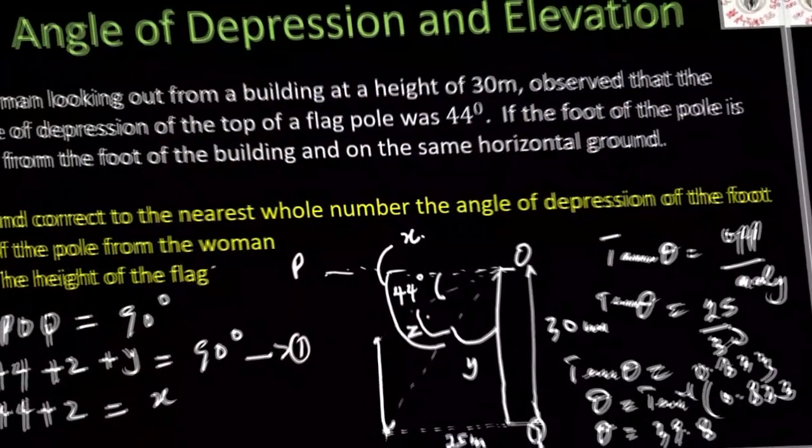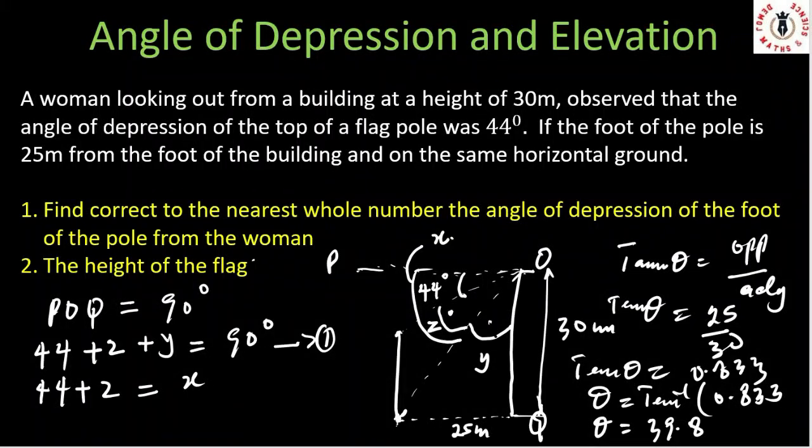Now, we have gotten Z and we have gotten Y. Obviously, we have a good idea of this angle. And we know that if the foot of the flag to this point is 25 meters, then to this point also will be 25 meters. Then we can use the triangle.